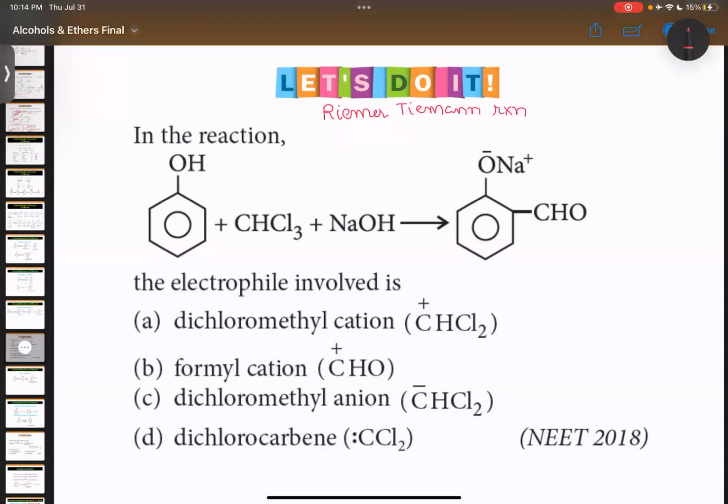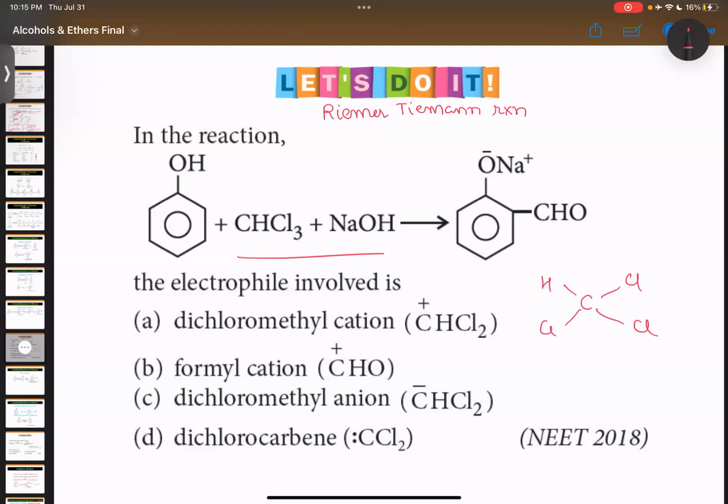I think it will be formyl cation. No, this is the chloroform. Got it? So remove HCl from it, and let's see what you get. That will be the intermediate. Because we need to think how phenol gets attached to the CHO. This chloroform gets attached to phenol.